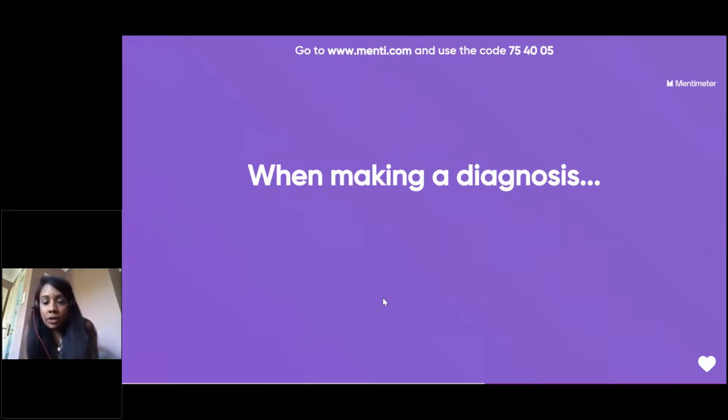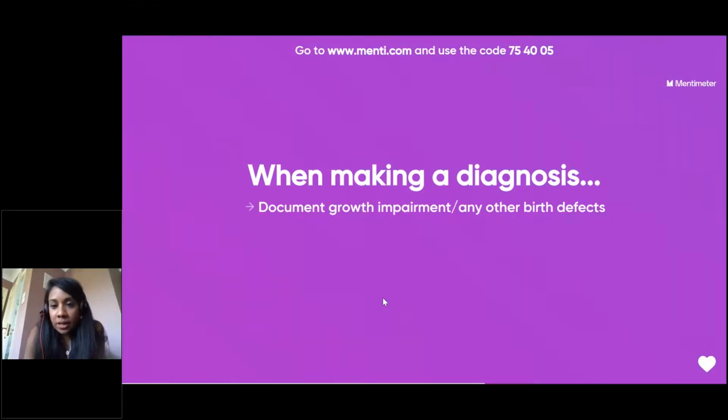But there are other models that can be used. So, for example, in Scotland, they've set up a service. So when thinking about making a diagnosis, especially thinking about babies, but also when the young person gets older as well, it's important to document any growth impairment and any other birth defects.